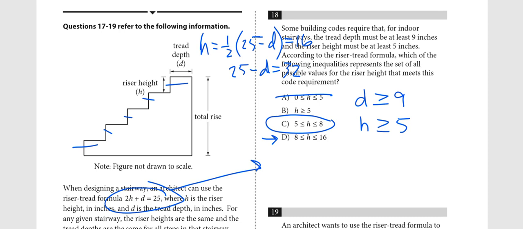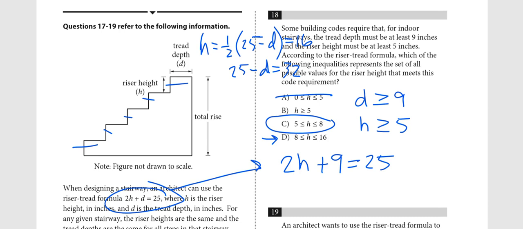Okay, so if we go with 2 times h plus 9 equals 25, what's the solution to that?